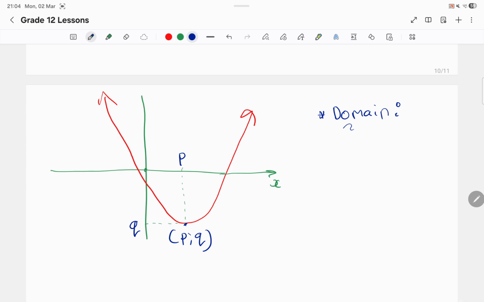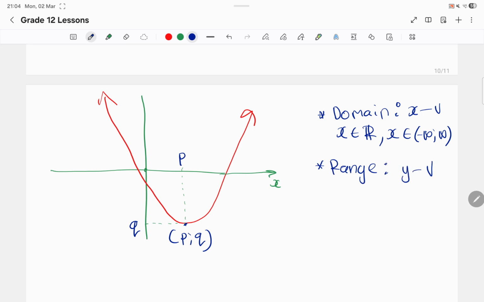So your x values will be an element of all real numbers, ranging from minus infinity to positive infinity. And when you talk about the range, we're talking about y values, right? So in this instance, y is an element of real numbers.